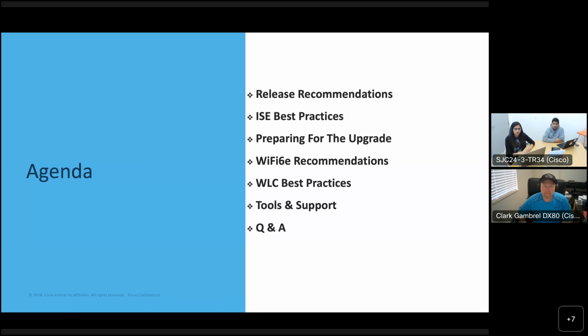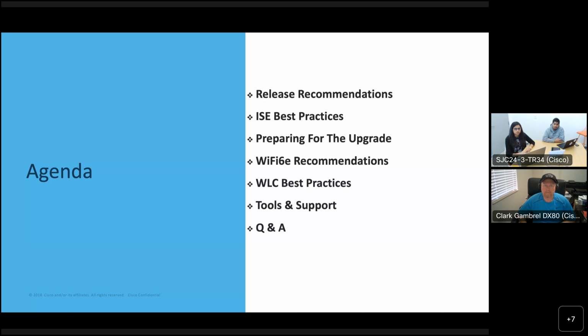So we have release recommendations from the wireless side. I'll cover that. And then I'll hand it over to ISE best practices, which Clark will cover. Post that, we'll talk about the preparation for the upgrade of the controllers and some of the Wi-Fi 6E recommendations. I know many of the customers are receiving Wi-Fi 6E access points. We want to make sure that you have the right recommendations for that.